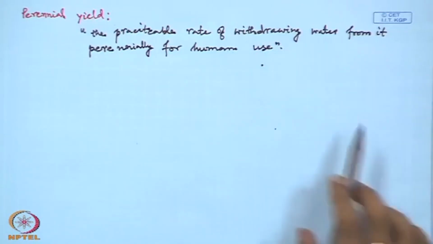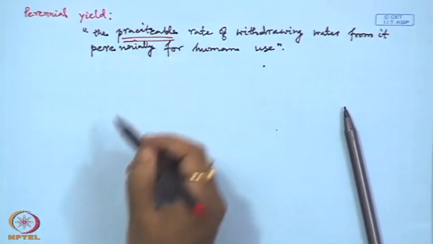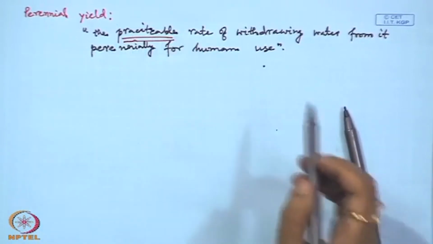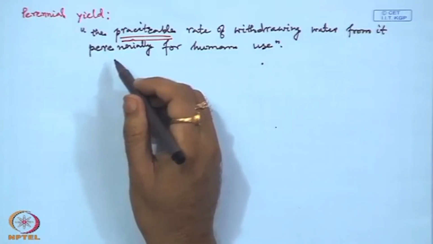So, this word practicable is important here because this practicable quantity or practicable rate is what we need to quantify in case of a particular aquifer.